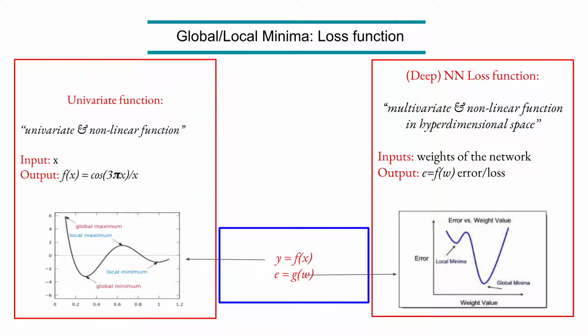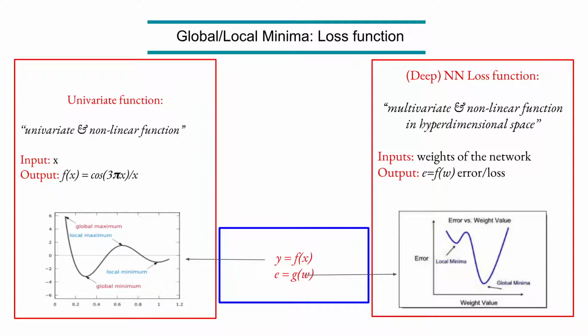So the loss function is also nonlinear, and it lies in hyperdimensional space. So what's the input of this loss function? The input is the weights of our model. And the loss function can be something like that if there's only one parameter.